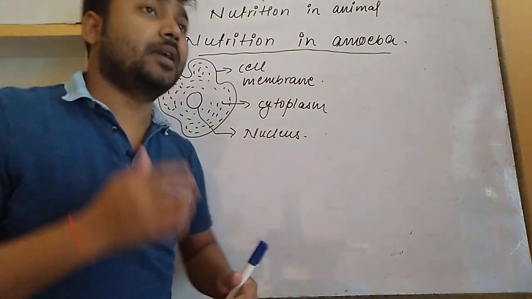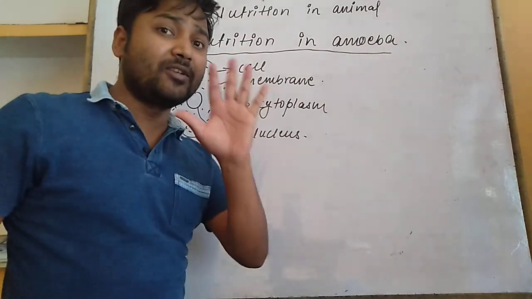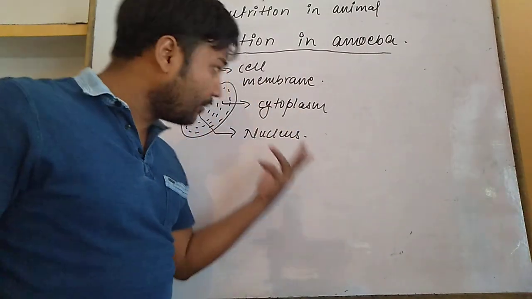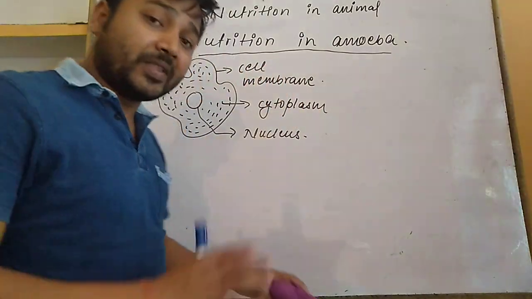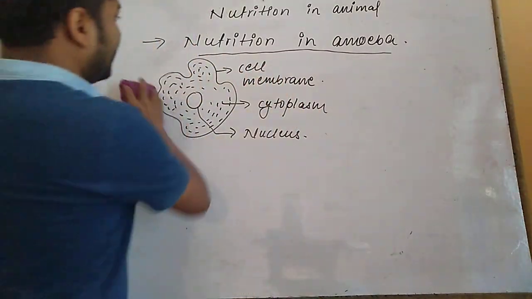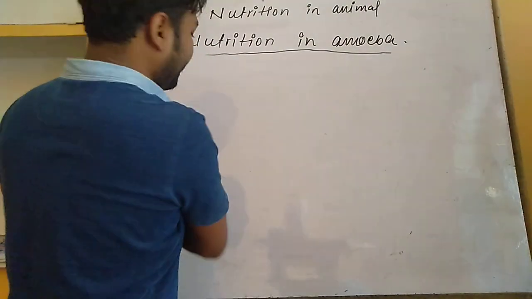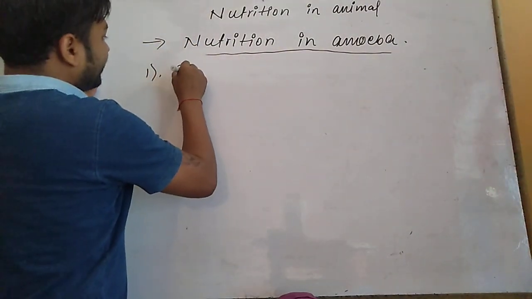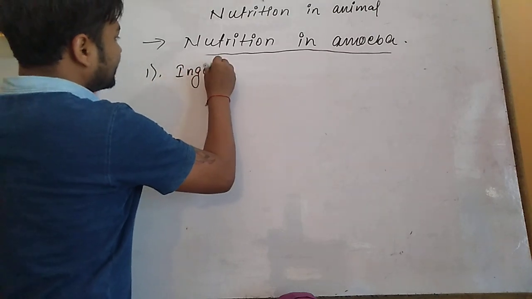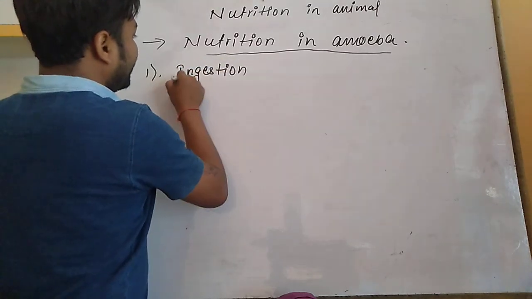As in human beings, nutrition in amoeba takes place in 5 steps, and all these 5 steps are the same. Let me write these 5 steps first. The first is ingestion.